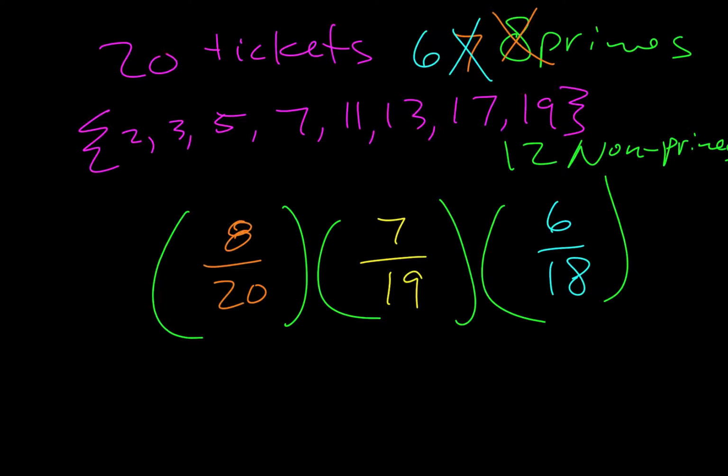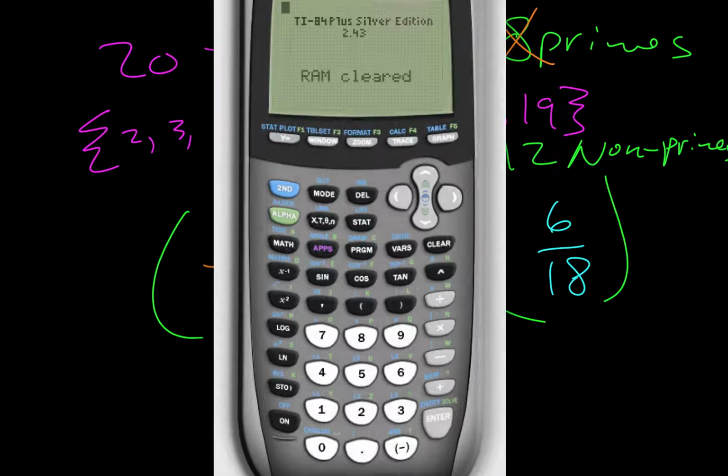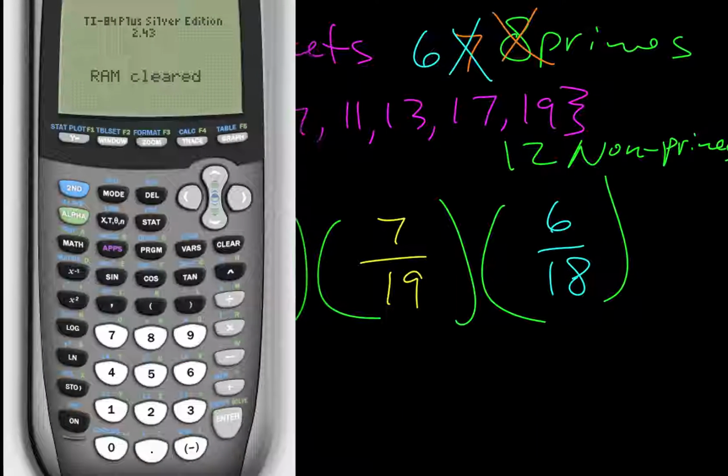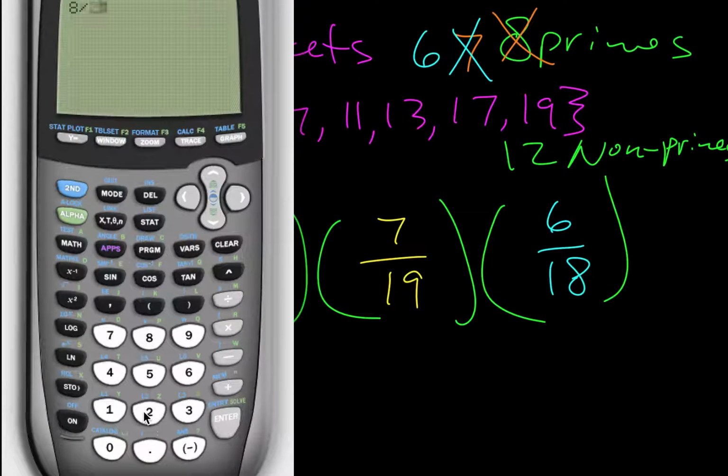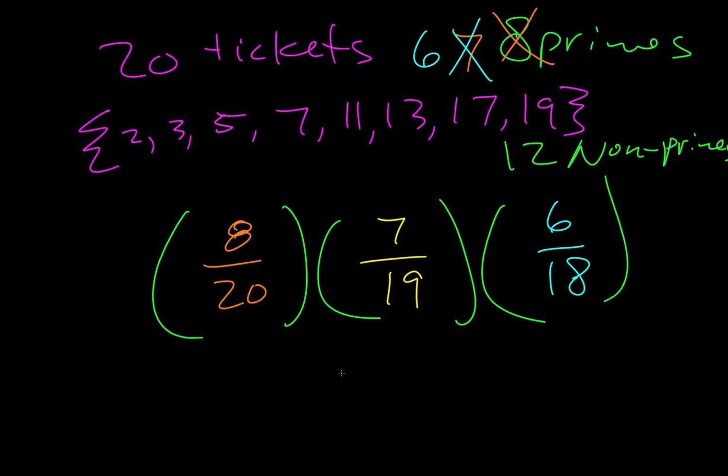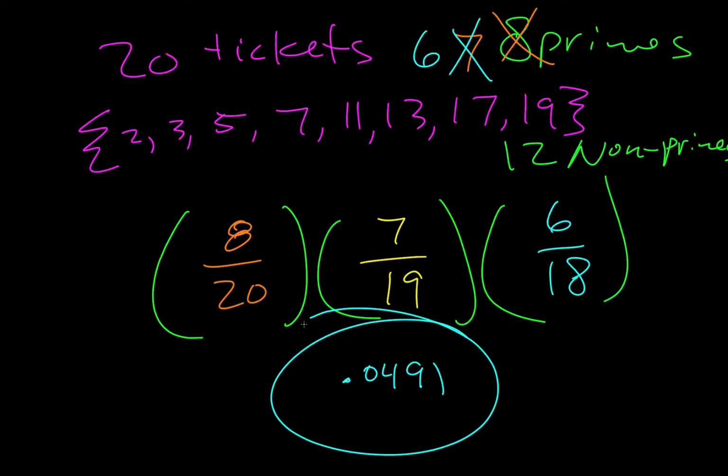All we need to do is multiply this together on a calculator: 8 out of 20 times 7 out of 19 times 6 out of 18. Remember, we have to go to 3 significant figures, so it's 0.0491. That would be the probability of that situation.